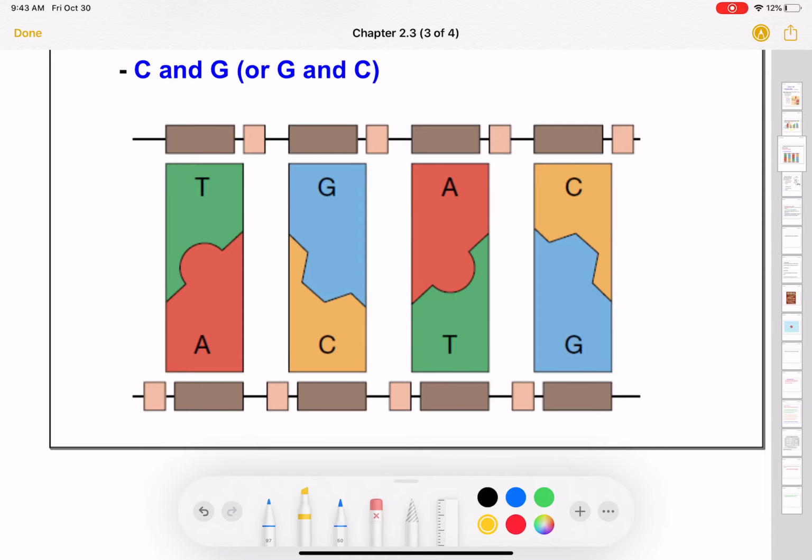They call it a double helix because there's 2 sides, double. And then helix means it's in a spiral. So this is something that you will have to remember. You just have to remember that A's are always connected to T's and G's are always connected to C's. Okay?